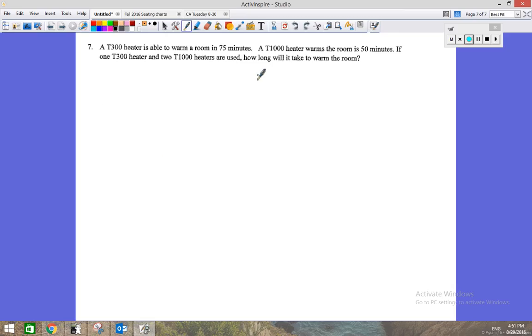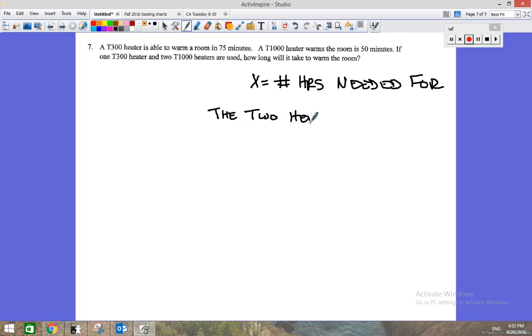So that's my variable. X is the number of hours needed for the 3 heaters to warm the room.